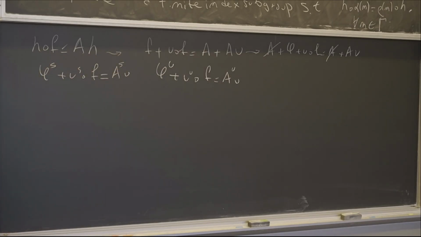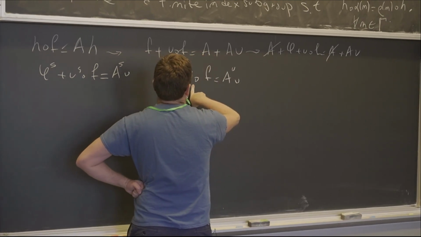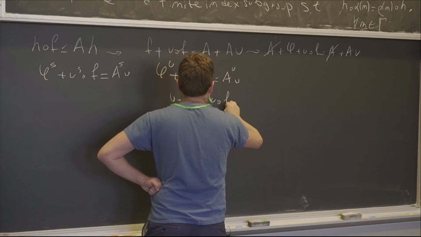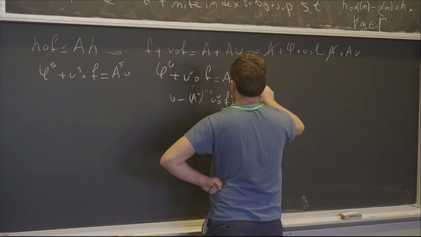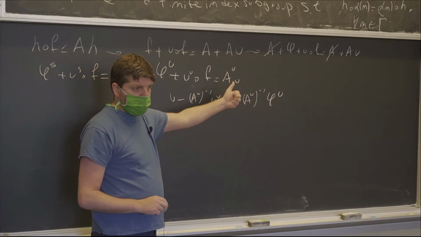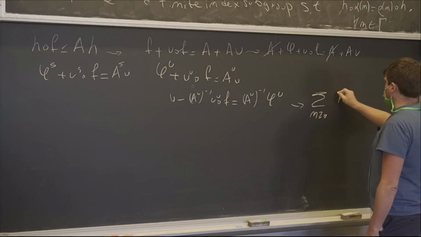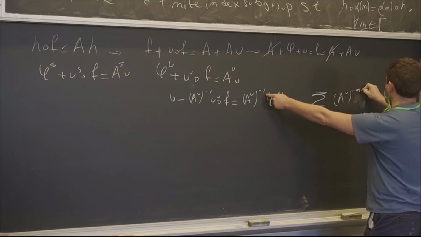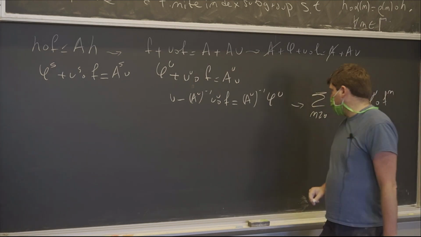There is one that is always fine, which is this one, giving u^u minus (A^u)^-1 u^u composed f equals (A^u)^-1 phi^u. And this is identity minus a contracting operator equals this. So the solution is the sum over n larger than or equal to 0 of (A^u)^-n phi^u composed with f^n. And this is u^u.